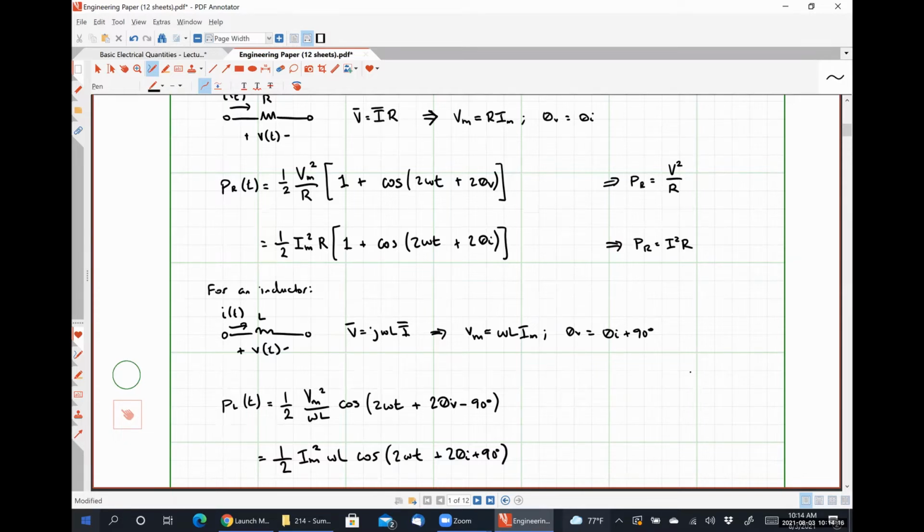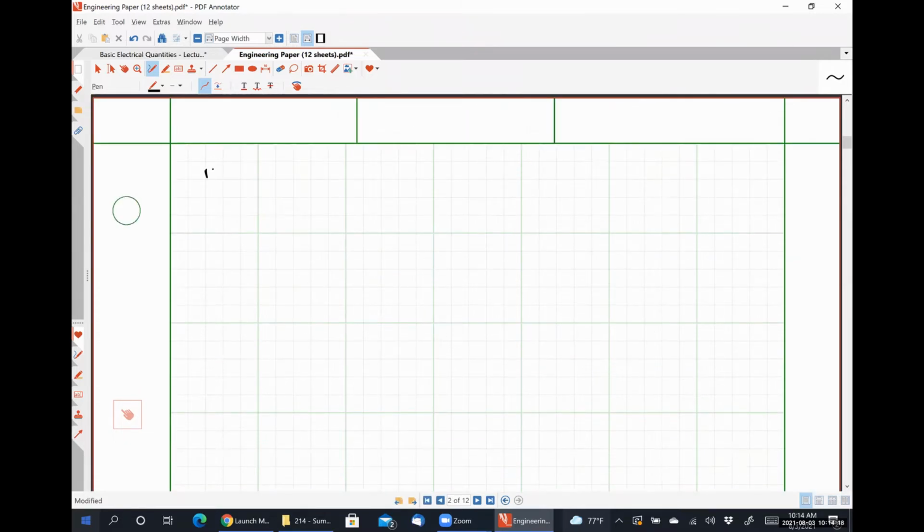For a capacitor, where we have some capacitor having a value of C with a voltage v of t across it and a current i of t flowing through it.